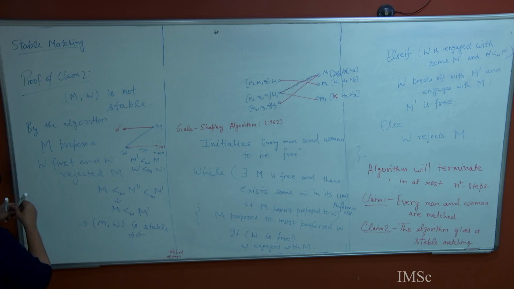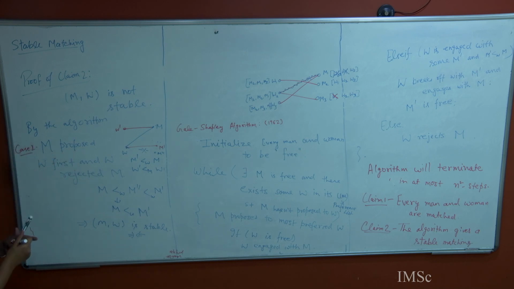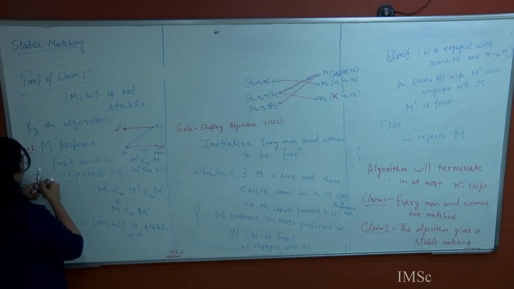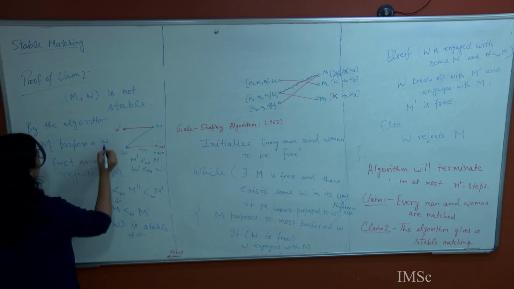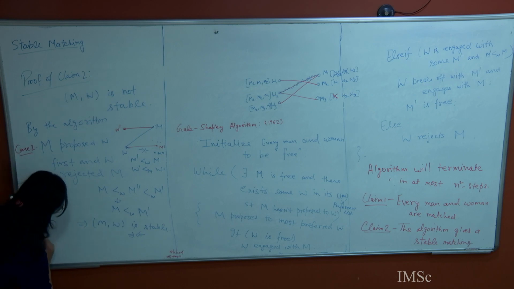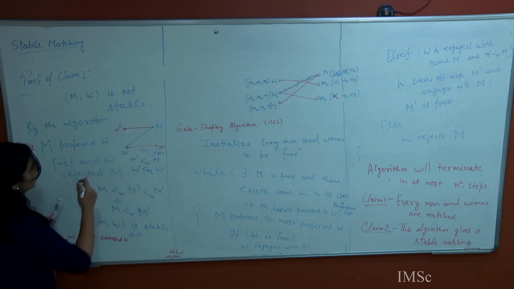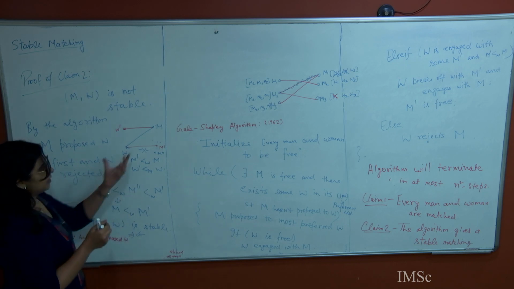Okay, we have two cases. This is case 1 when M proposed to W. What if M has not proposed to W, and that is why they are not matched? Can it happen?